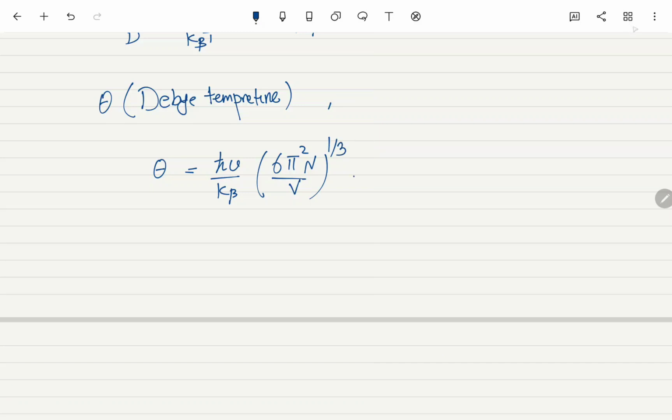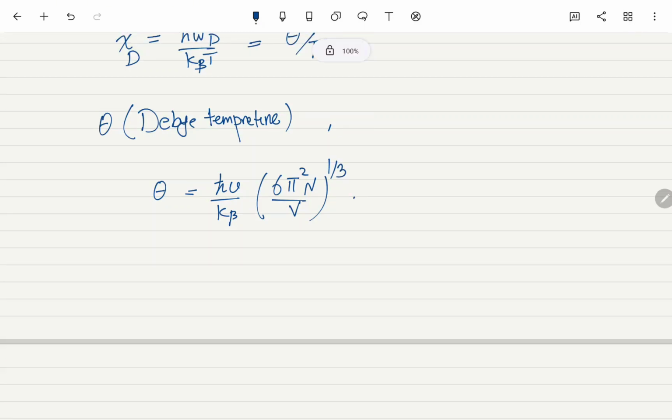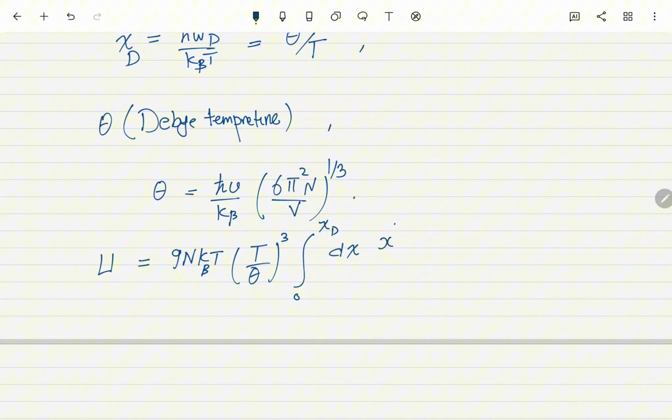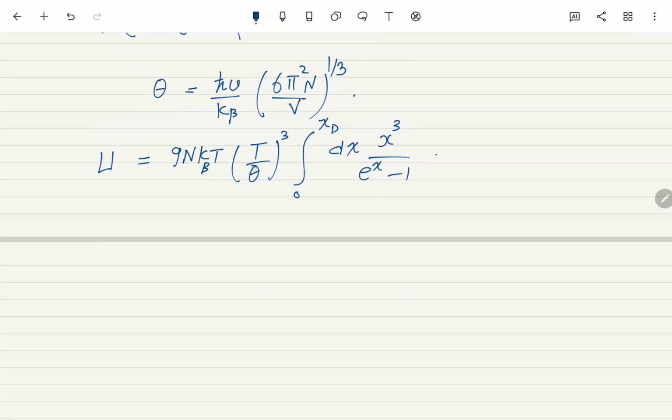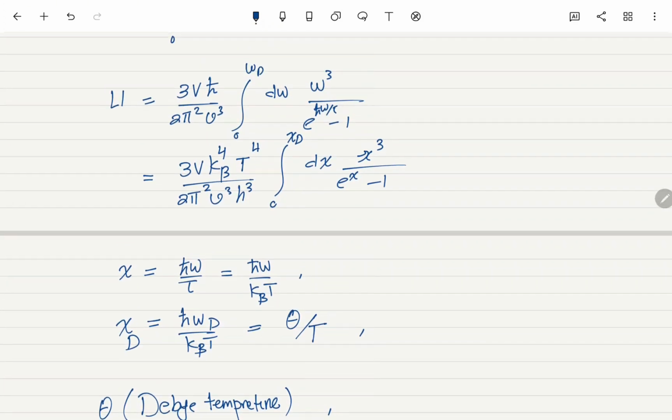Now let's pull everything together and find U, which in this case will be equal to 9N kB T times T over theta cubed, integration from 0 to xd, dx x cubed over e to x minus 1. Back to the definition of the energy here, this part here.